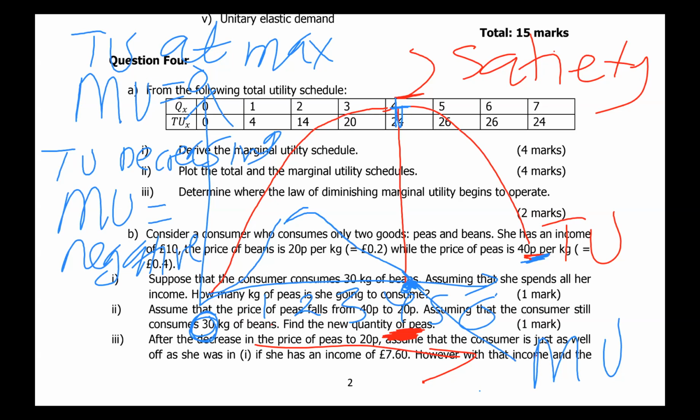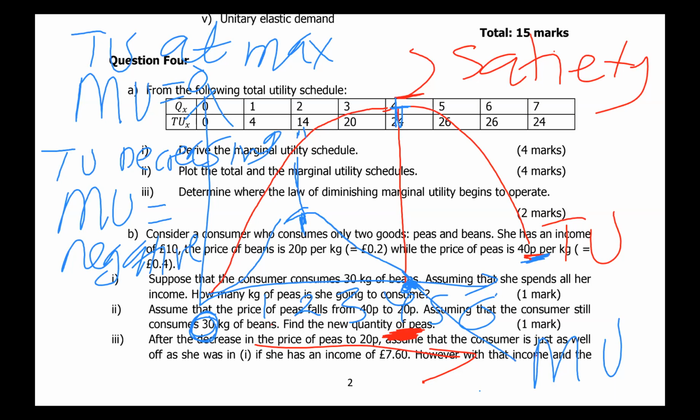Then the other thing that we have to learn is that as total utility is increasing, marginal utility is increasing up to just a certain point, then it starts decreasing.